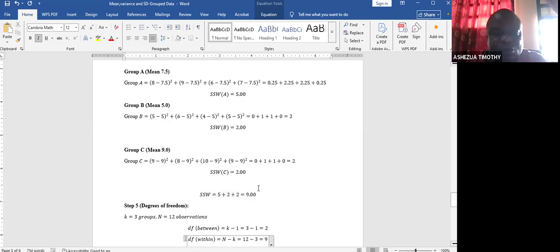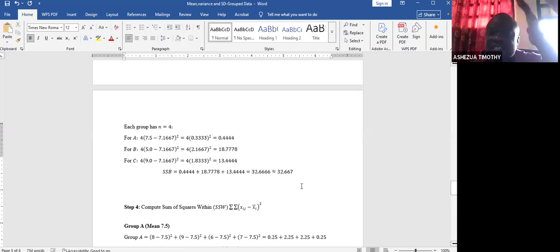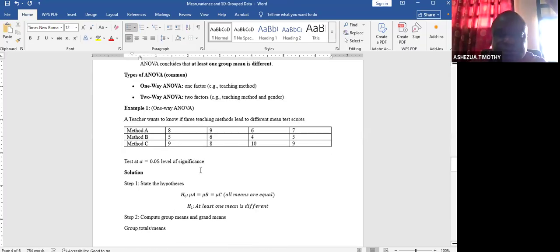Now, if you watch closely, k is equal to 3. Why is k equal to 3? We have method A, method B, and method C. So that gives us k equal 3. N is equal to 12 observations. Let's go back to the table and see how we got 12.